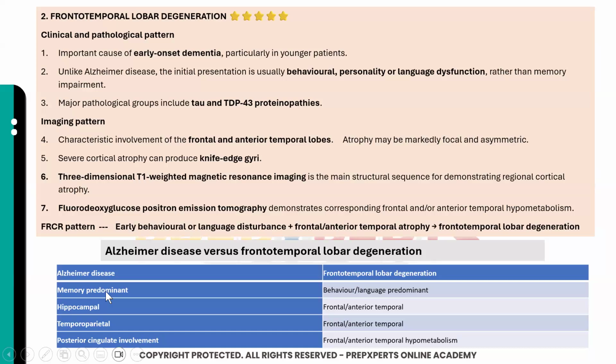Alzheimer's: memory predominant, hippocampal degeneration, temporoparietal later, and posterior cingulate involvement is key after hippocampus. Then we have frontotemporal, as I already told, behavior and language predominant, young patient, frontal and anterior temporal lobe involvement, and frontal and anterior temporal hypometabolism. Hippocampus is not that involved.